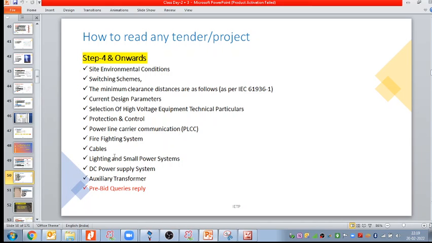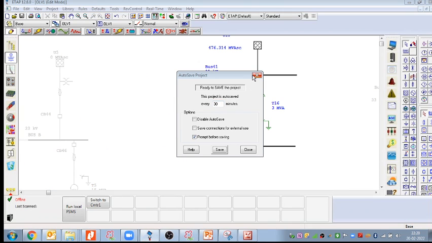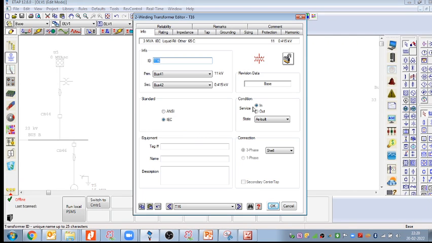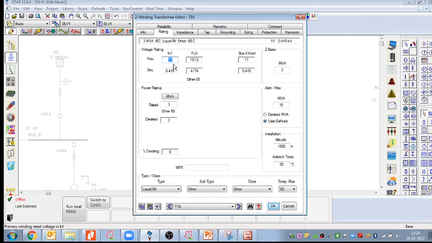And why is this data important? Let me take one example. If I go to the site environmental conditions, let me go to this trafo here, and let us not perform the short circuit. Let us just see the trafo performance based on the environmental conditions. Coming to the ratings, here we can see the primary, secondary and power.